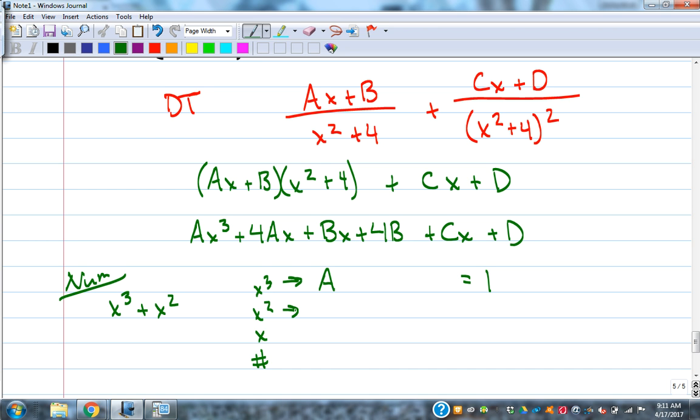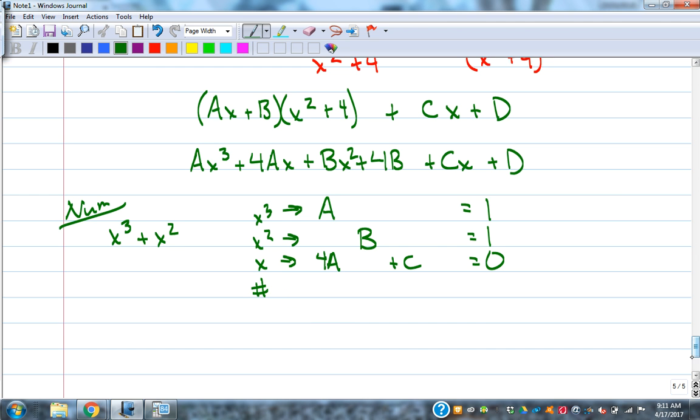X squareds, that should be bx squared there. So we should have a b, and there should be one of those. So b is 1. The plain x's, I have 4a plus c. How many plain x's are in our numerator? None, 0. And then the numbers, I've got 4b plus d, and there are none of those in my original.